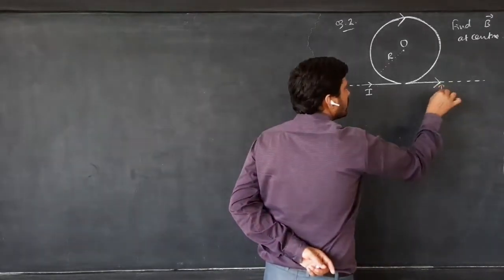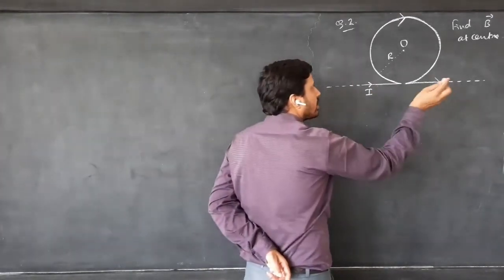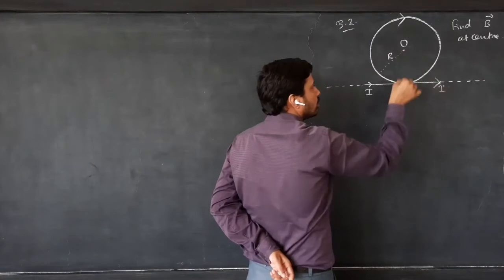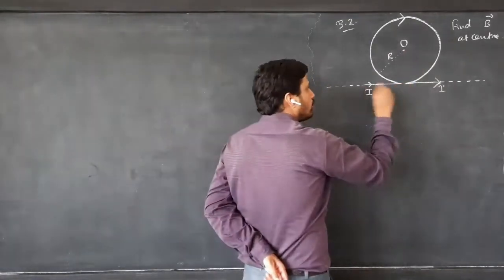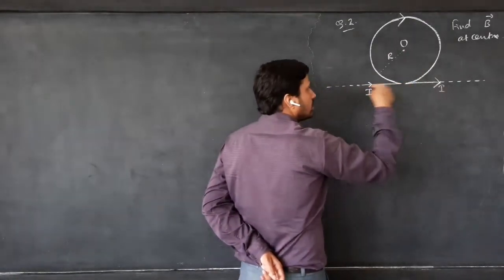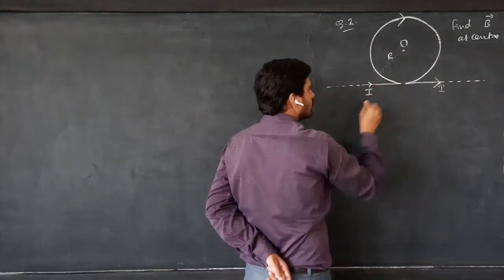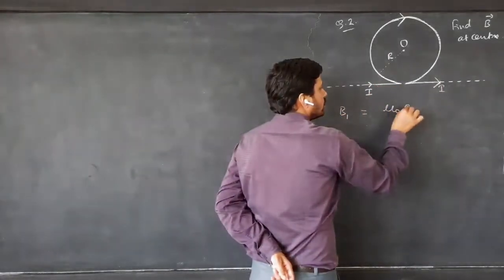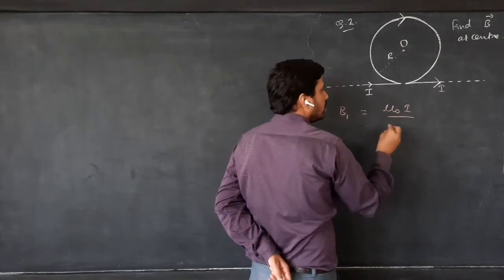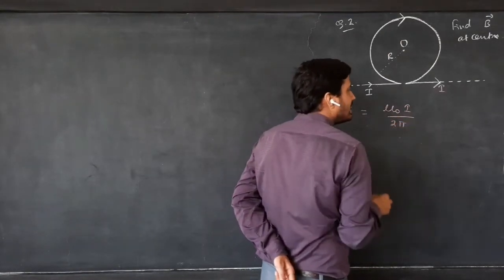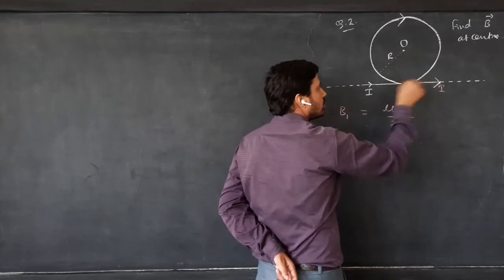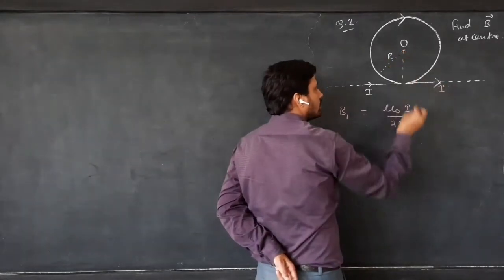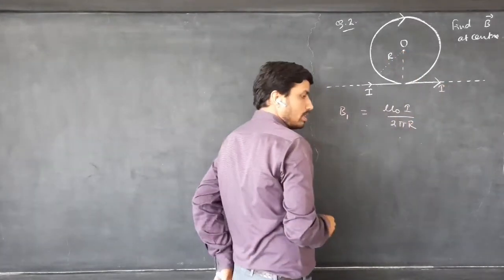This current is how much? I. And it is infinitely long. The point is somewhere in the middle of this particular conductor. For the B due to this straight wire, I'll call it B1. So B1 will be how much? Mu naught I by 2 pi d, where d is the distance of this point from this wire. The distance is nothing but radius. So mu naught I by 2 pi r.